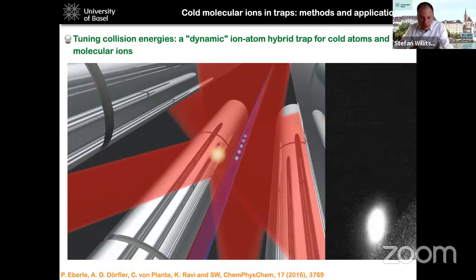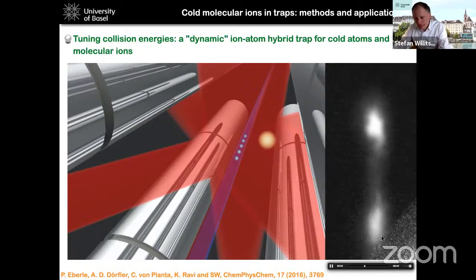And then we were pushing them back and forth, right, at well-defined velocities. And in this way, by changing the intensity of this push laser beam, we could accelerate the atoms to different extent and therefore precisely tune the collision energies in these experiments. And this is a much more precise way than tuning collision energy by just imparting micromotion on the ions.